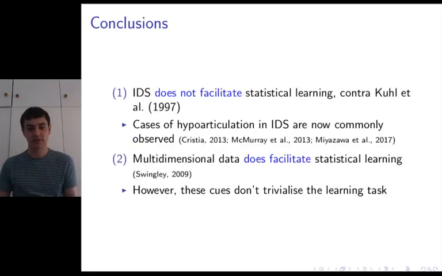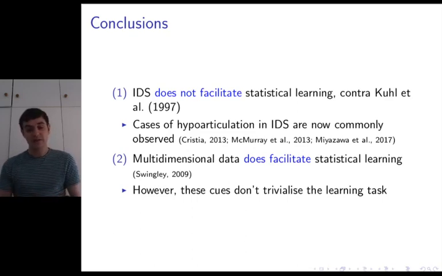Further to this, it's not the case that infant-directed speech facilitates the use of statistical learning in infancy, contra what is argued in Kuhl et al. It's really quite common in the literature now to observe cases of hypo-articulation in infant-directed speech relative to adult-directed speech.